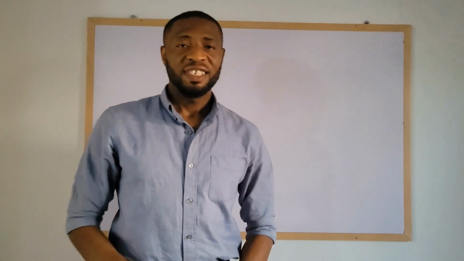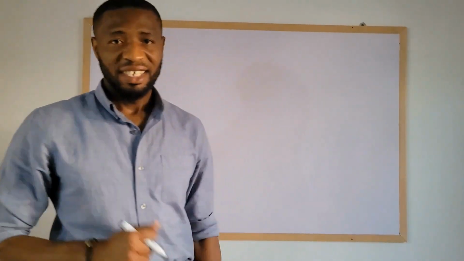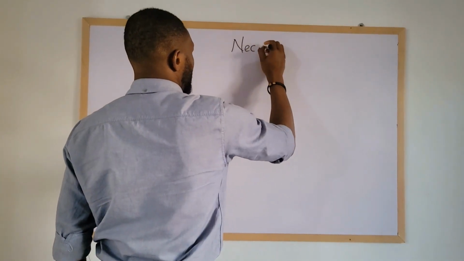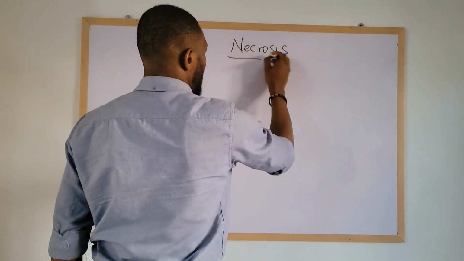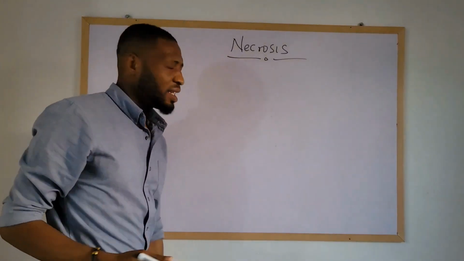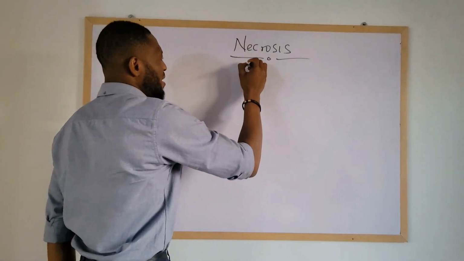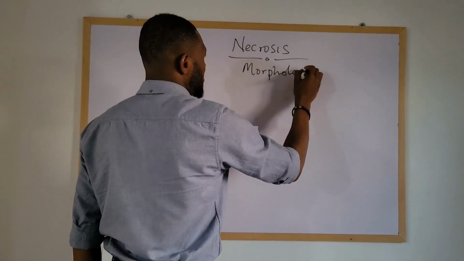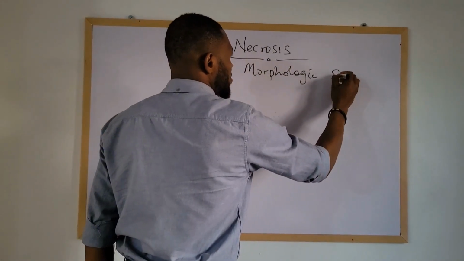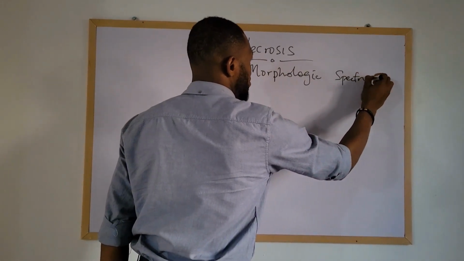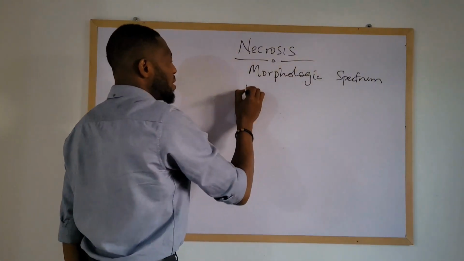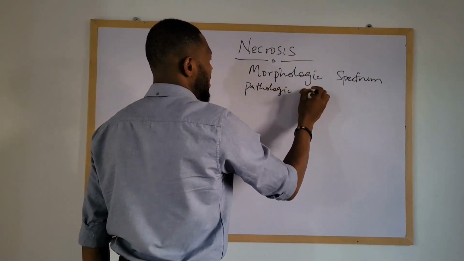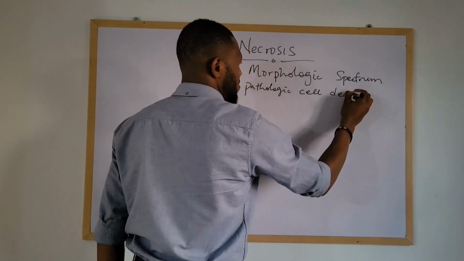The next pattern of cell death we'll be talking about is necrosis. So what is necrosis? Necrosis is simply the morphologic spectrum that follows pathologic cell death.